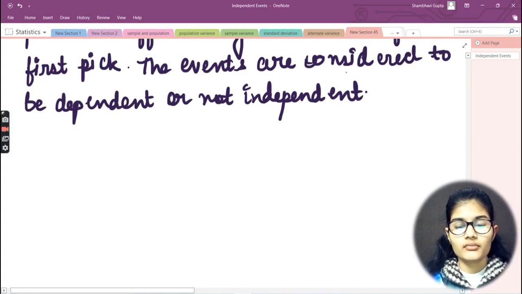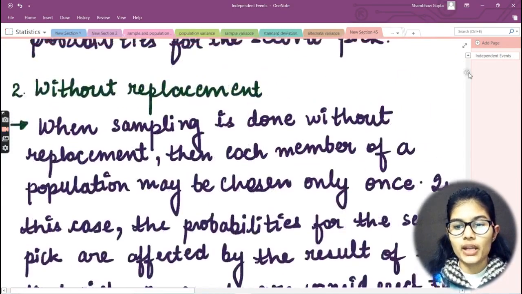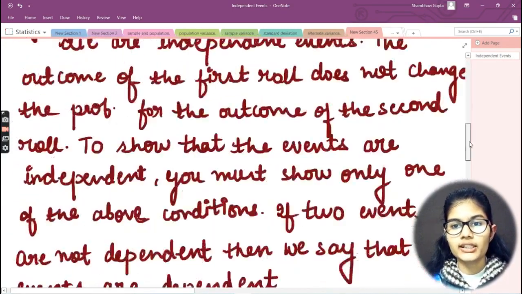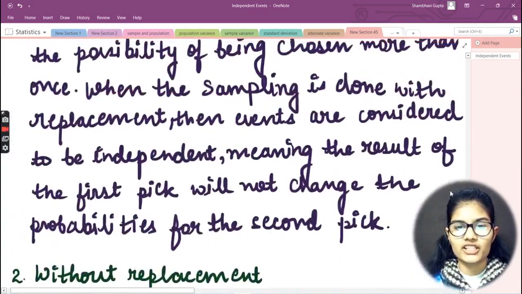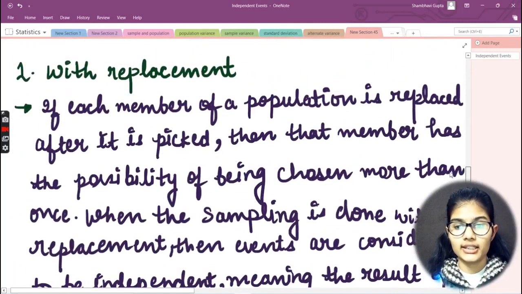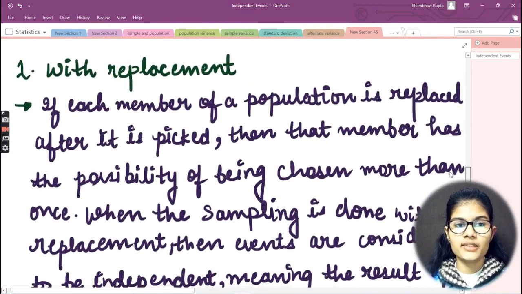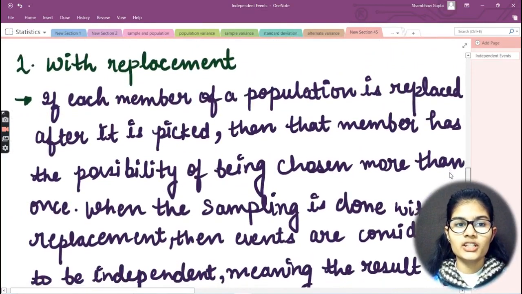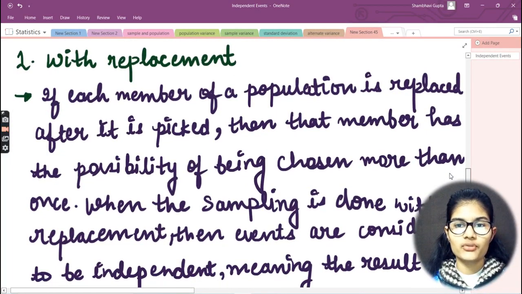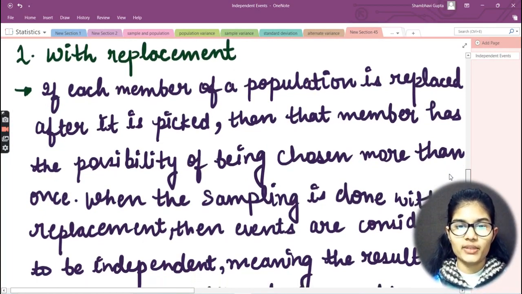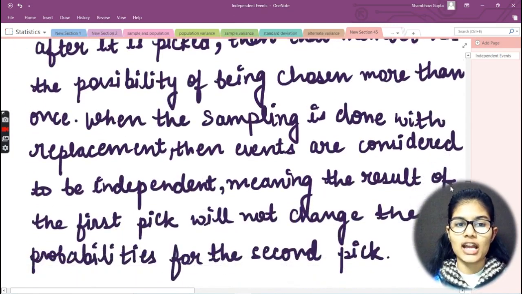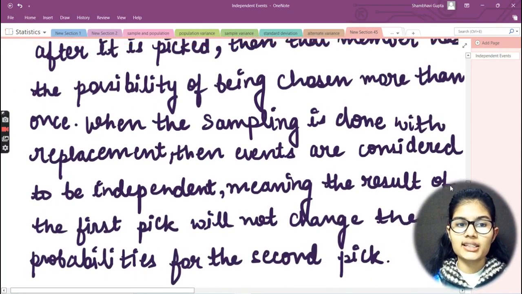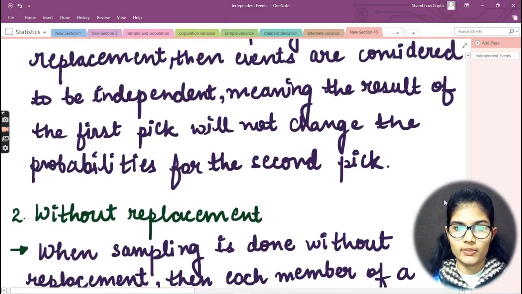Right, so for sampling we had two things: with replacement and without replacement. Let's once again take a clear idea of what happens in both. With replacement, if each member of a population is replaced after it is picked, then that member has the possibility of being chosen more than once. So the events are considered to be independent.